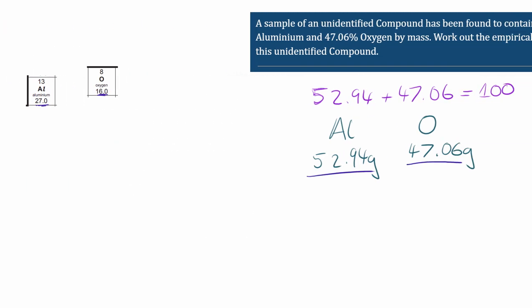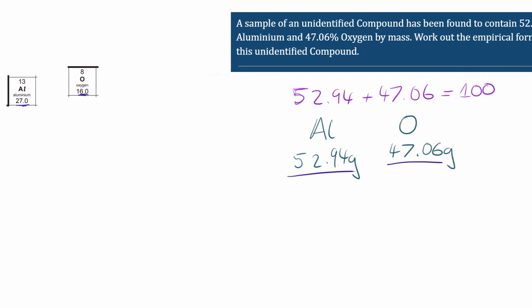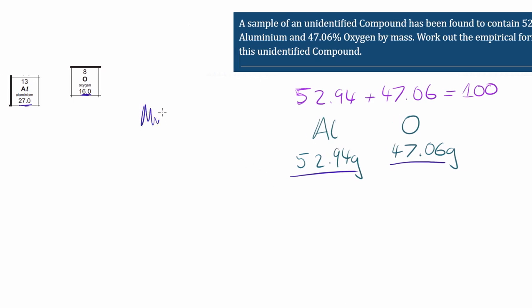So we're going to write these out so that we can do the calculations. The Mr of Al is going to be 27, and the Mr of oxygen is going to be 16.